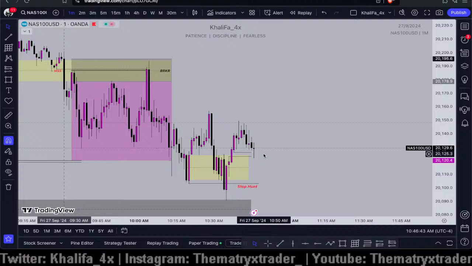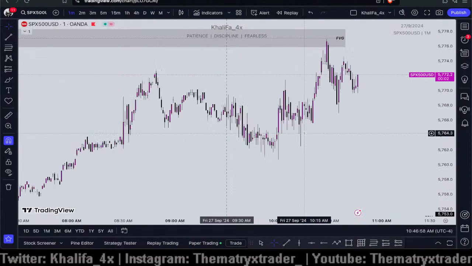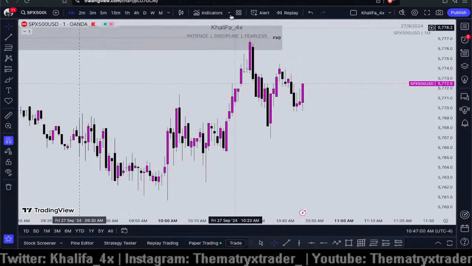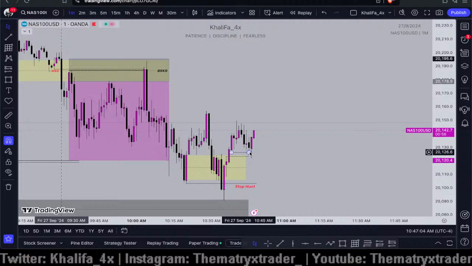If it does close above this small fair value gap, I'll look for a buy. Okay, it gives us the confirmation, folks.